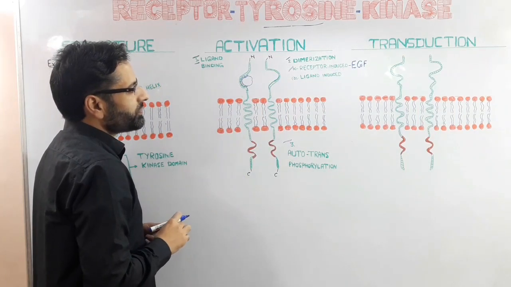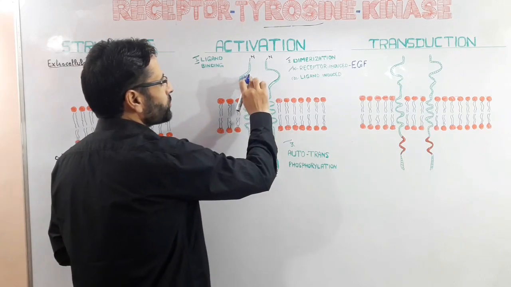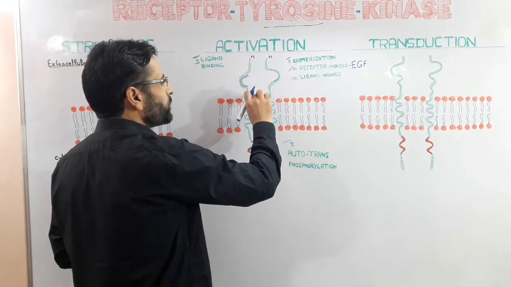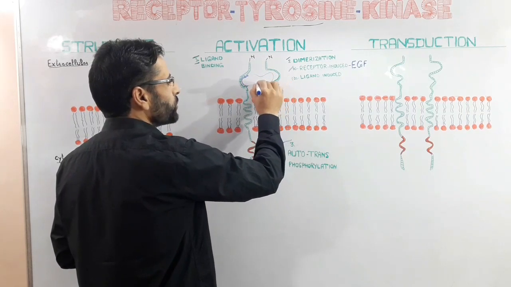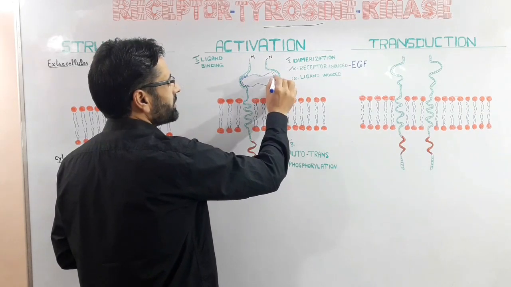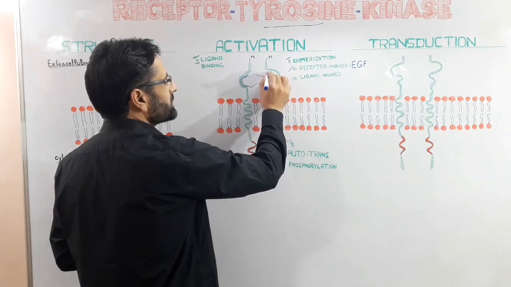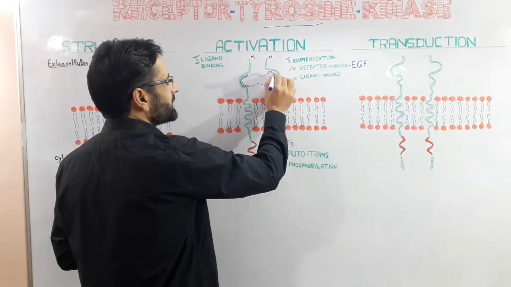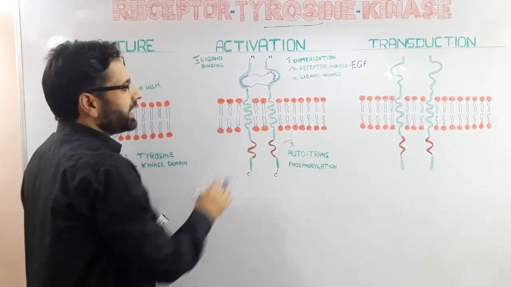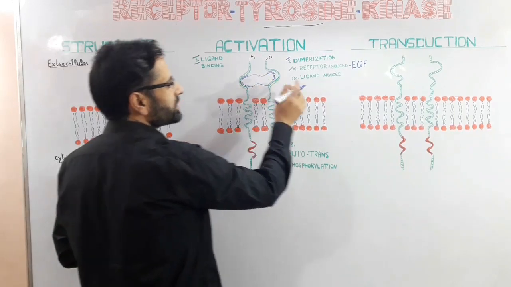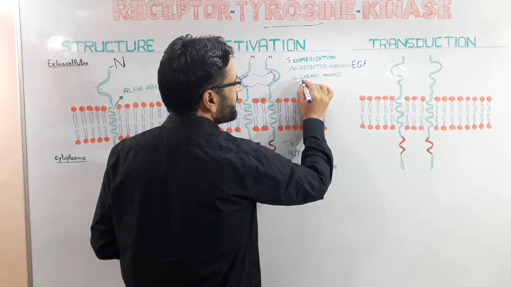Another case is when a signaling molecule is composed of two polypeptide chains and it simultaneously binds to both these receptors. That is, these signaling molecules have two polypeptide chains and they simultaneously bind to these two receptors, and this dimerization is induced by the ligand by itself.